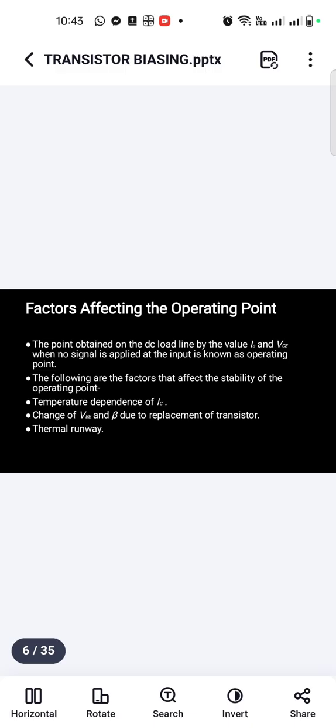Okay, now what are the factors which will affect the transistor? The stability of the operating point is affected, that is, the operating point is not constantly maintained. So what are the factors? Temperature dependence of IC, change of VBE and beta due to replacement of transistor, and thermal runaway.